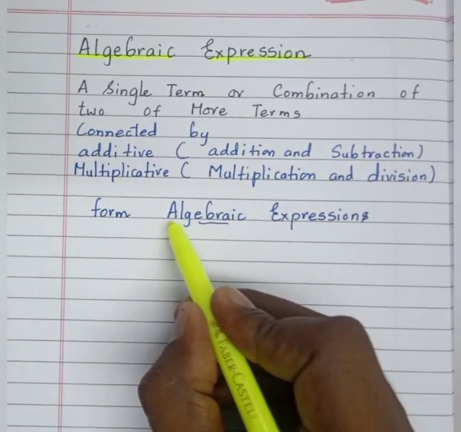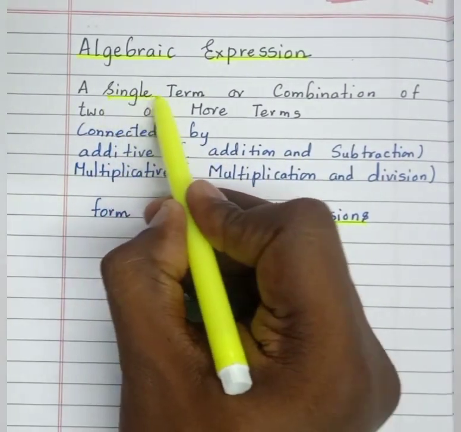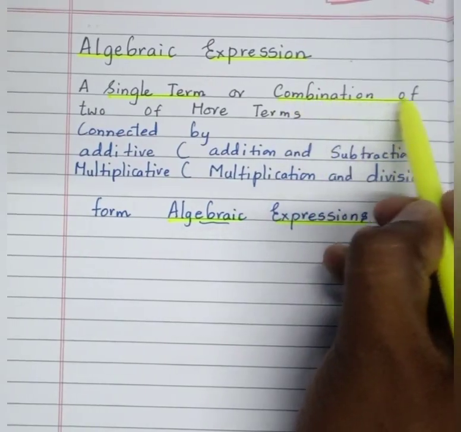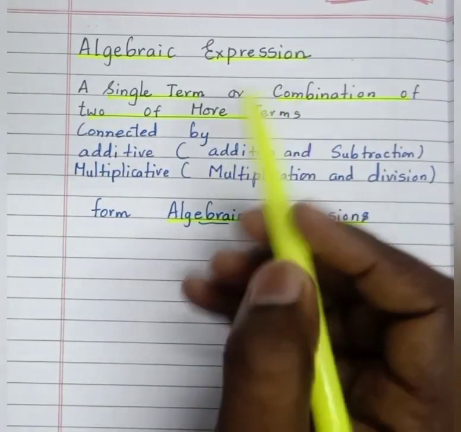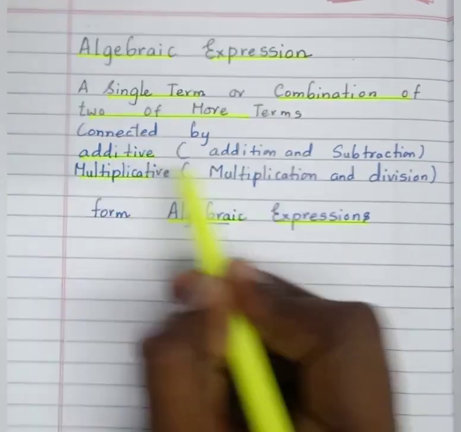So it's a very important concept. What is algebraic expression? It is a single term or combination of two or more terms connected by additive or multiplicative symbols. We call that an algebraic expression.